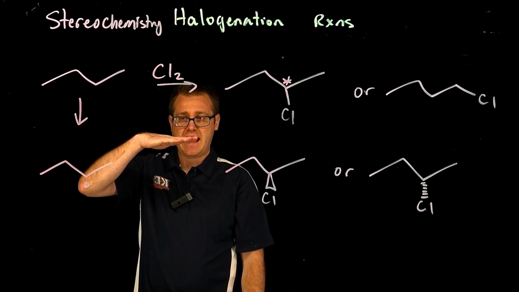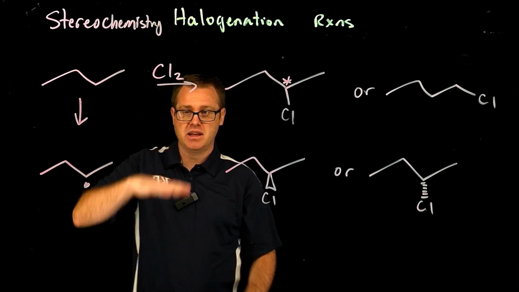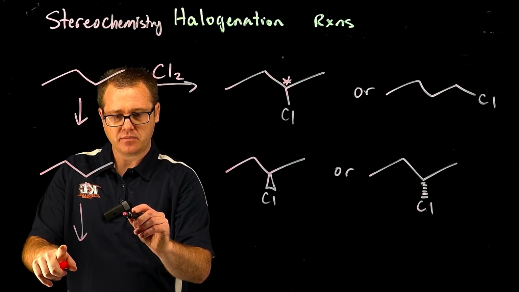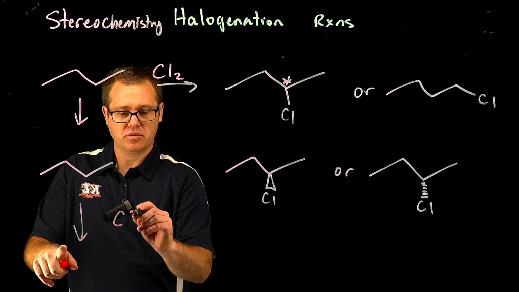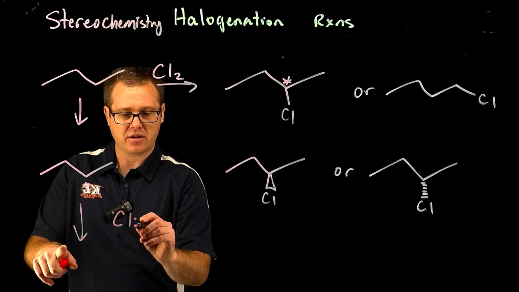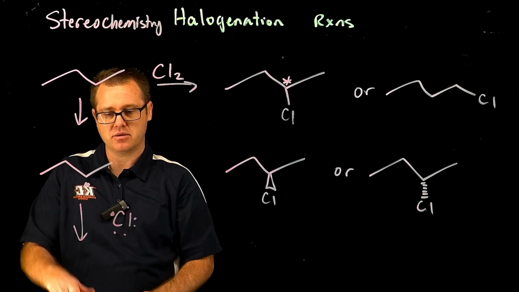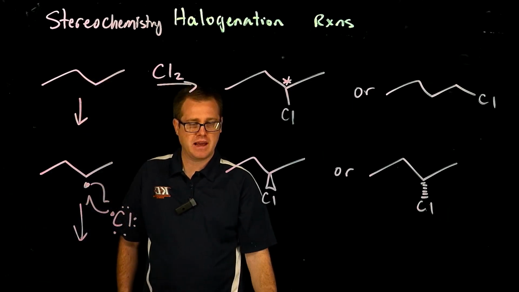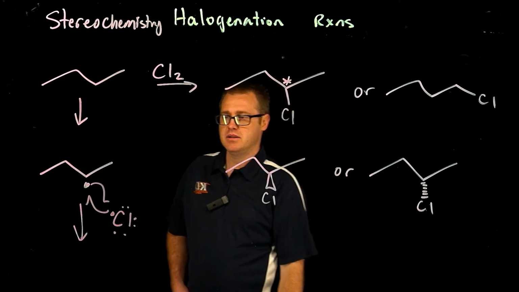So if it's completely flat, then that means when you do the next step right here, when you treat it with another radical right here, right? There's a radical. And we can come here like this and form that carbon-chlorine bond.